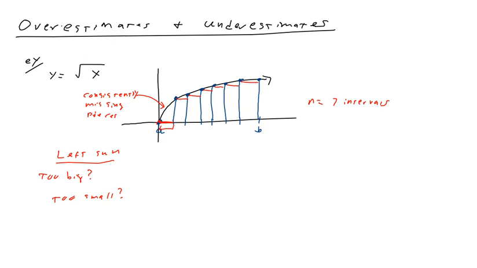Because the graph is curved in this particular way, consistently arcing down, right? This is a concave down, increasing concave down function. Because of the increasing concave down nature of this equation, my left edge is constantly, forever, going to be an underestimate.